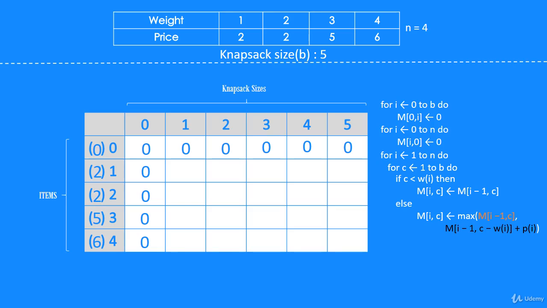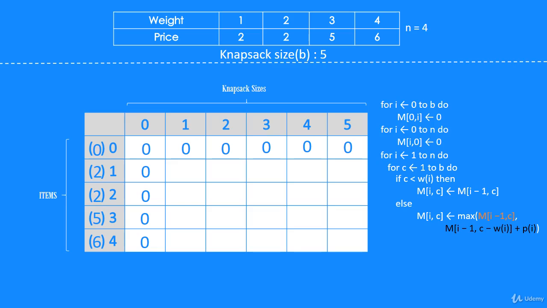But if we can add this item to the knapsack, we have to figure out if we want to do that. Since we want the price to be biggest, we take the maximum of the cell above and the sum of the price of our item and the cell from the row above and weight of our item to the left.